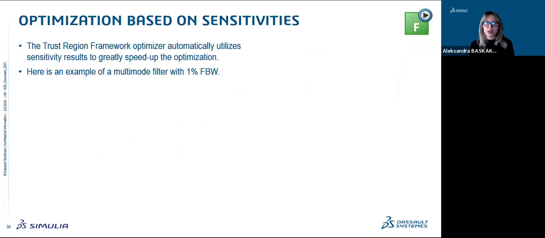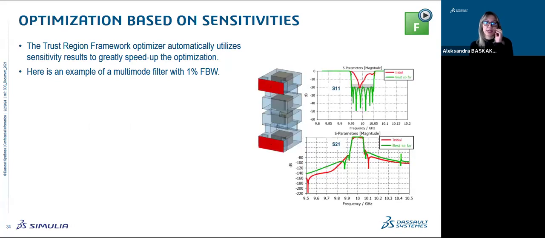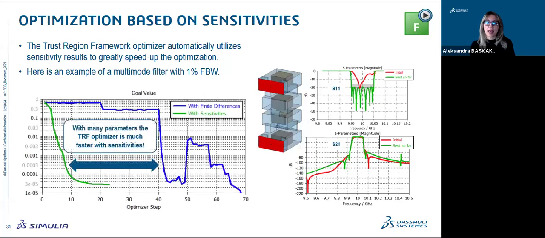Furthermore, our trust region framework optimizer exploits sensitivity values for optimizing the structure. This method helps to speed up the optimization process compared to the finite difference calculation. If the number of total optimization variables grows, the achievable speedup will become even more significant.